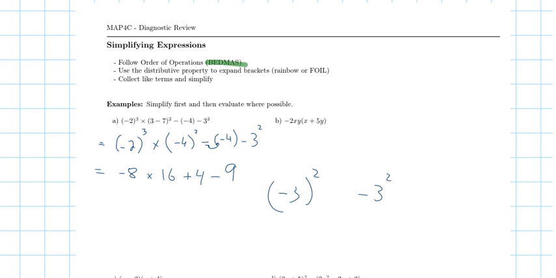This power of 2 on -3 in the bracket is telling you it's -3 times itself, times -3. While this one is telling you it's -(3 times 3). It's only the 3 that's being repeated twice.